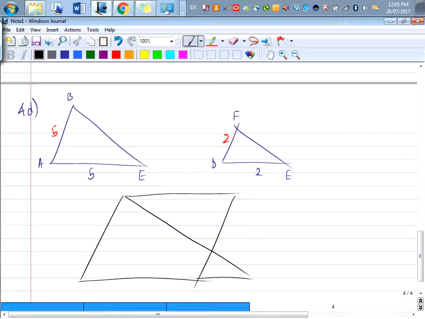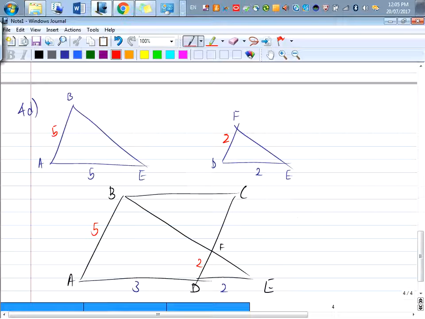So this is A, E, B, C, F, and E. This is D. Okay? Then I had in blue color, this is A to E is 5, so this is 3, and this is 2. Then in red color, this was 5, and ED over here, 2 units.